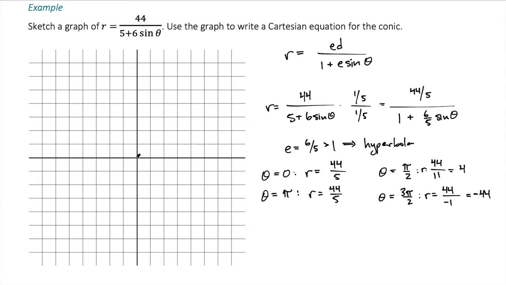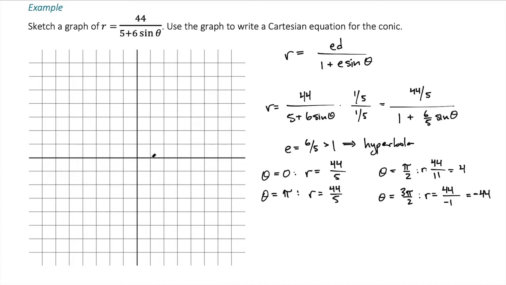So when theta is 0, r is 44 over 5. I'm not going to be consistent as far as the scaling on the x and the y axes here because of how different this negative 44 is. So on the horizontal axis, I think I'm going to do a scale of 2 because 44 over 5 is 8.8.